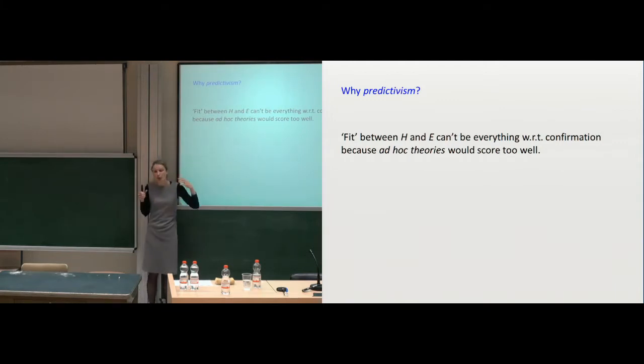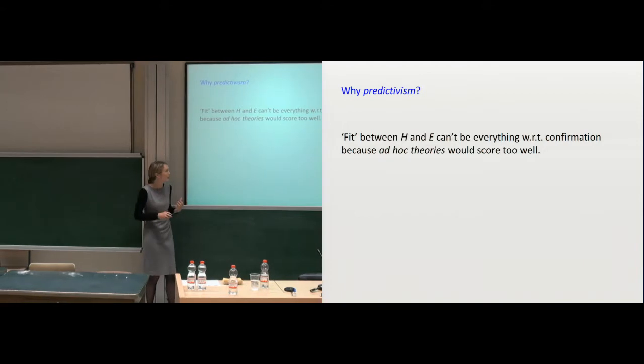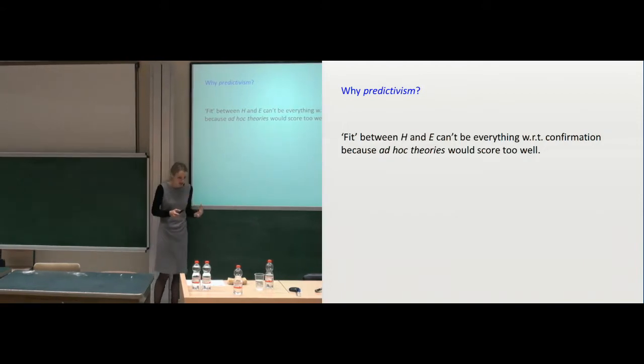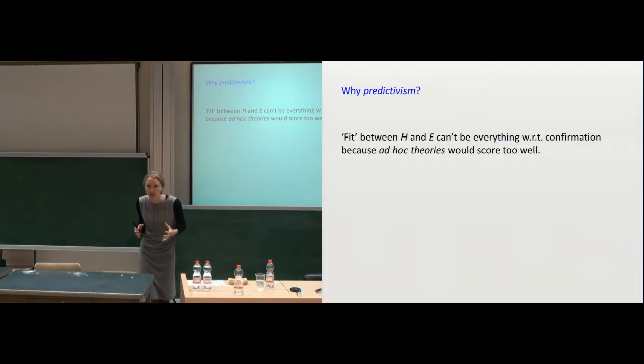So what motivates this idea, right, that we need to think of this difference? Well, the worry was about ad hoc or gerrymandered theories fit to the evidence, and that this would show that fitting the evidence can't be everything, because accommodated theories or ad hoc gerrymandered theories built around the evidence would score very well, presumably, with respect to fit with the evidence, right?